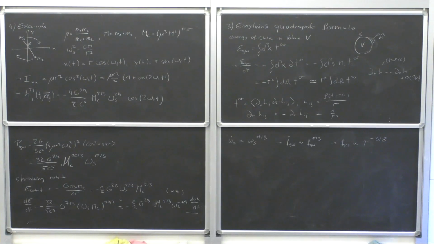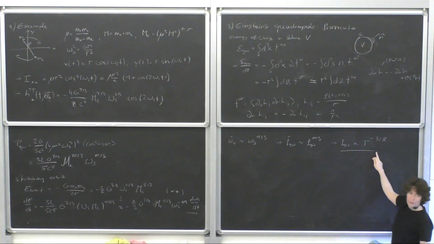And this is exactly the smoking gun chirp signal that you would see in LIGO, because in LIGO you see how the amplitude goes up as the frequency of the signal goes up. There are some prefactors here, but they don't change this proportionality.